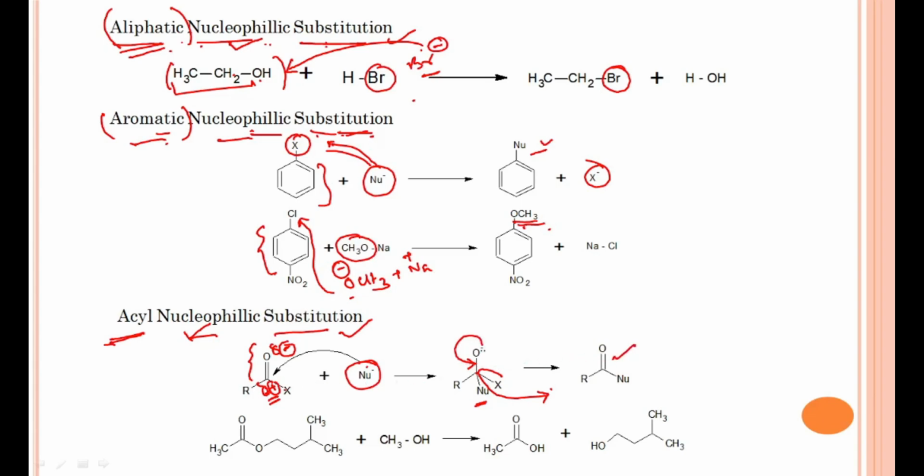So ultimately, X is replaced with the nucleophile. In this example, the breakage occurs here, which is replaced with CH3OH, and the new bond forms here. So this is an acyl nucleophilic substitution reaction. One thing we can consider here is that due to the acyl group, polarity occurs between the carbon and oxygen, and the nucleophile can attack that carbon. That's why the acyl group has an affinity for nucleophilic substitution reactions.